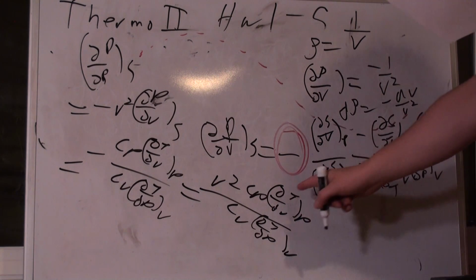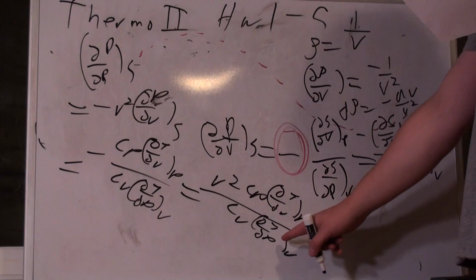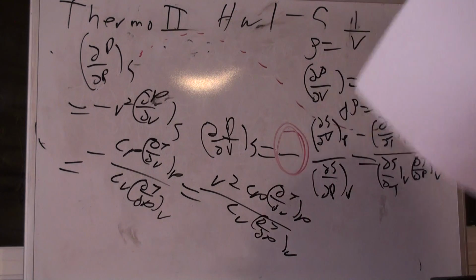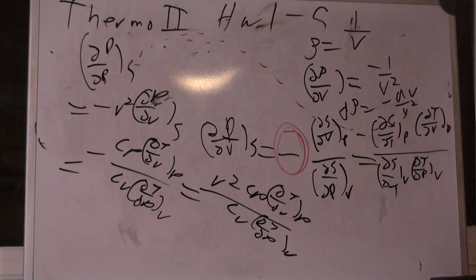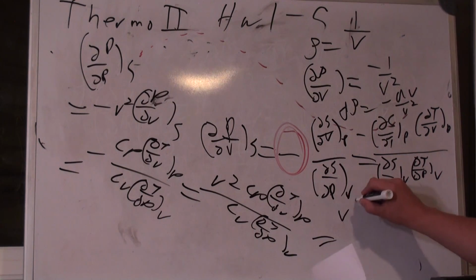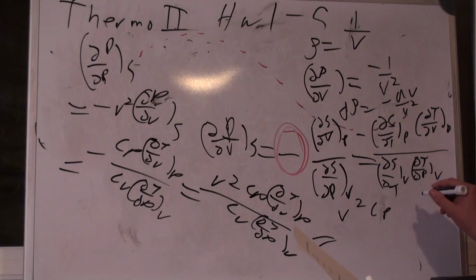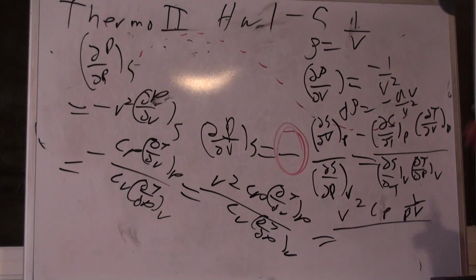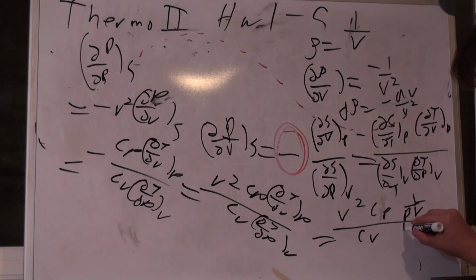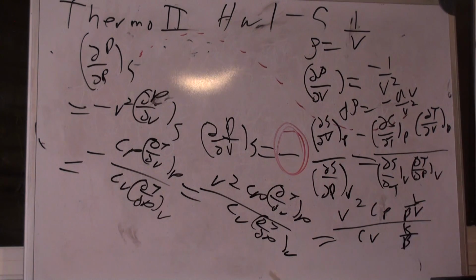So, this is 1 over beta V, and this one is kappa over beta. Right. So, it equals V squared Cp, 1 over beta V, over Cv, kappa over beta. Alright? Volume cancels out with that volume.